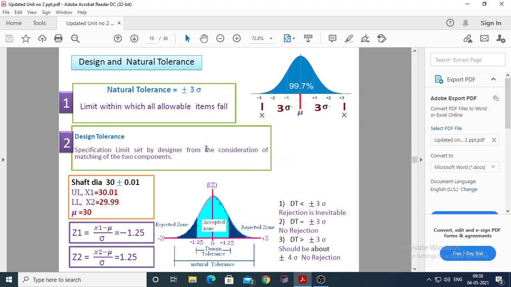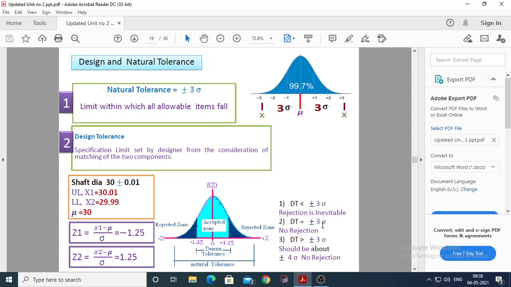Then, design tolerances. The designer will decide the design tolerances, the upper limit and lower limit. There are three different conditions. If the design tolerance is less than plus or minus 3 sigma, rejection is unavoidable.